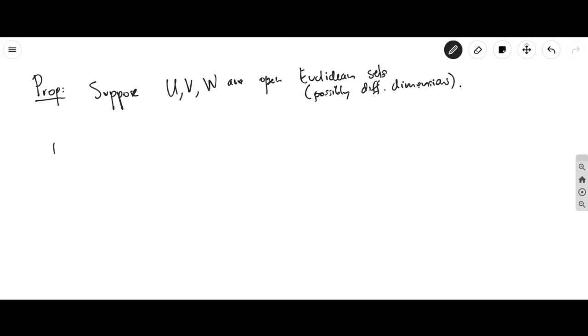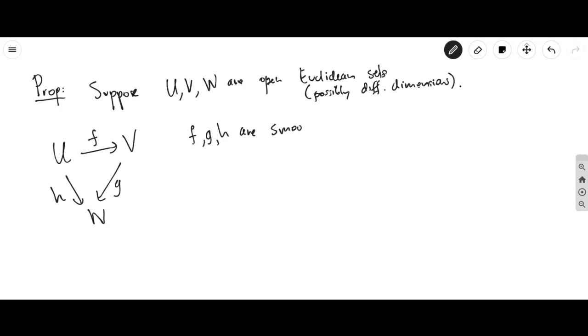And say that we have f, a smooth function from U to V. We have another smooth function from V to W. And we have a smooth function from U to W called h. So f, g, h are smooth. And the diagram commutes.